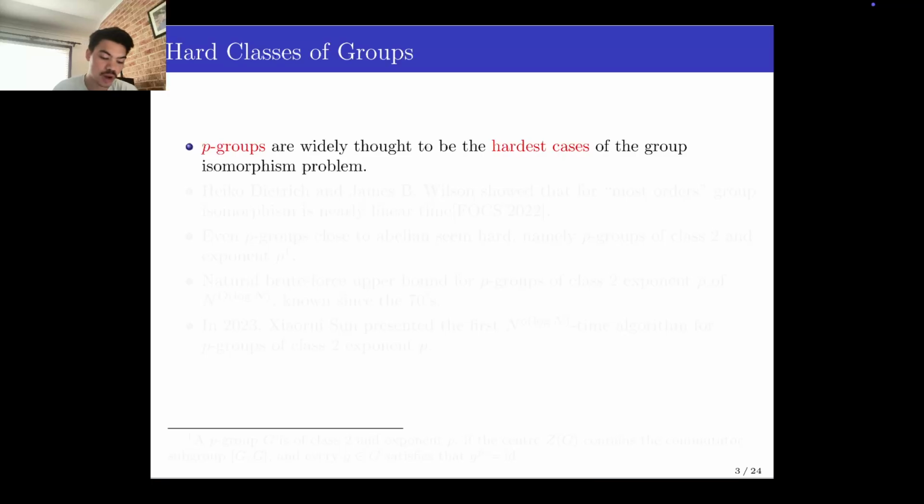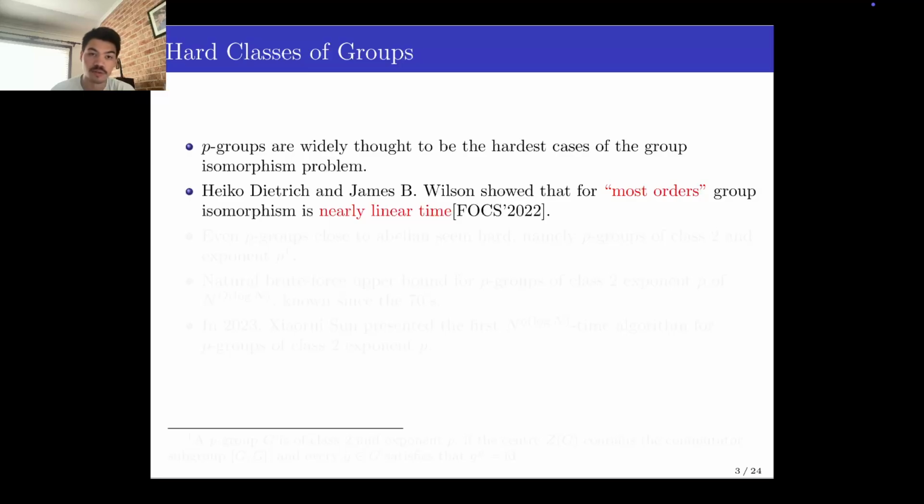And p-groups are widely thought by the experts to be the hardest cases of group isomorphism. One reason for this is a work by Heiko Dietrich and James Wilson, which showed that for most group orders, group isomorphism is nearly linear time.